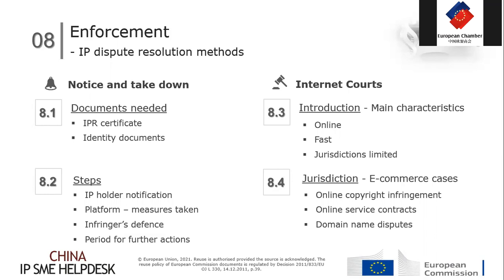Otherwise, if you wait till the last minute, you may find out that you have a delay of several months. So yeah, this is the practice, and please pay attention to this aspect.